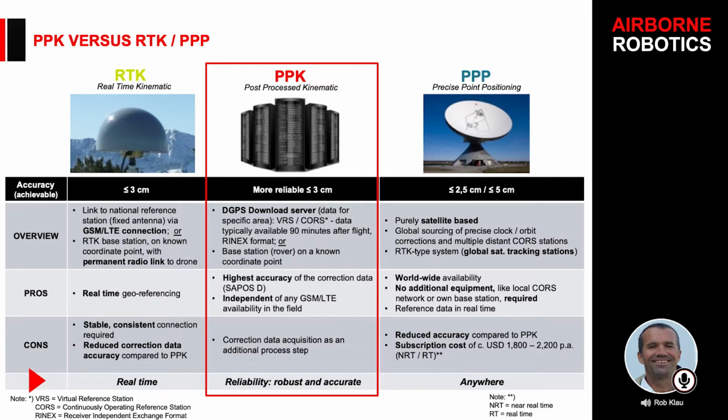That's a limit. With RTK and PPK, you do need to be within, say, 30 Ks. So PPP will work anywhere in the world, but particularly in most of Europe, North America, Australia, New Zealand, Japan, a lot of countries where those other ground stations are tied in. It is a very spectacular result.